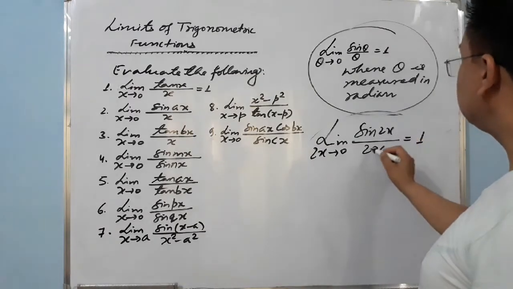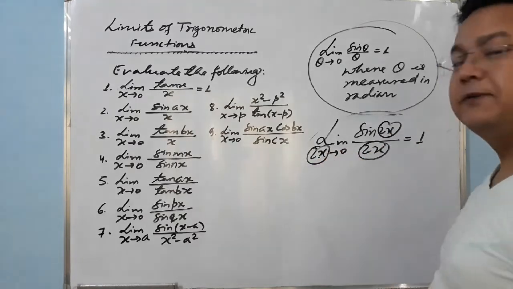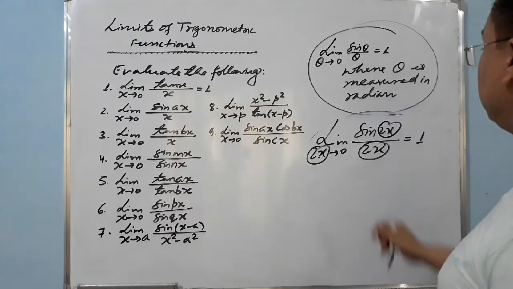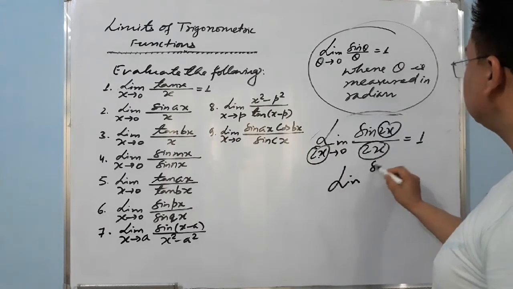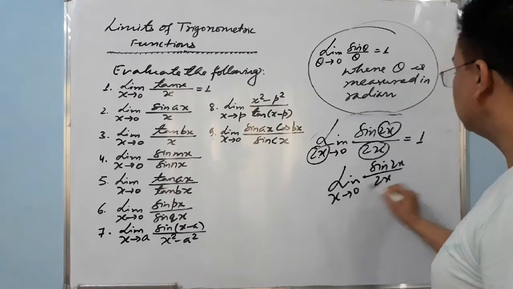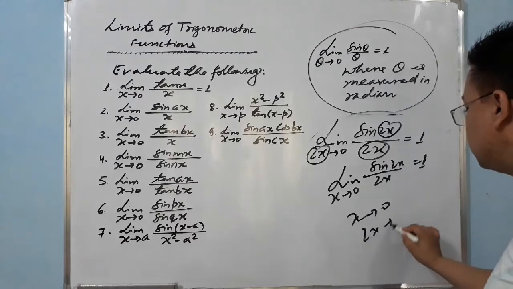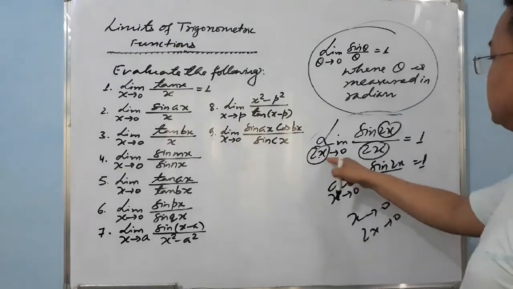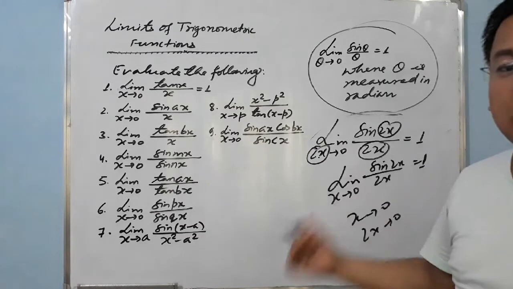See here, 2x, 2x, the same. These three things we need exactly the same, and this tends to 0. You may say sine 2x upon 2x as x tends to 0 is also 1, because as x tends to 0, 2x also tends to 0. That satisfies the requirement, so you can readily write 1.